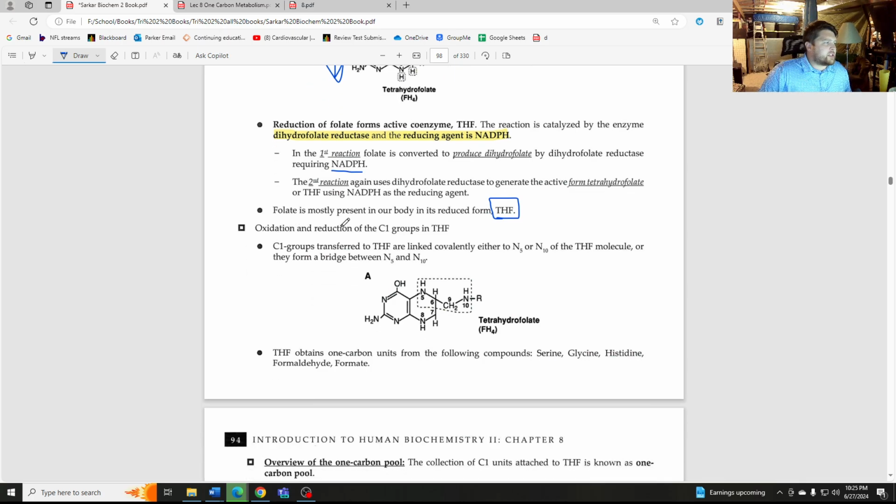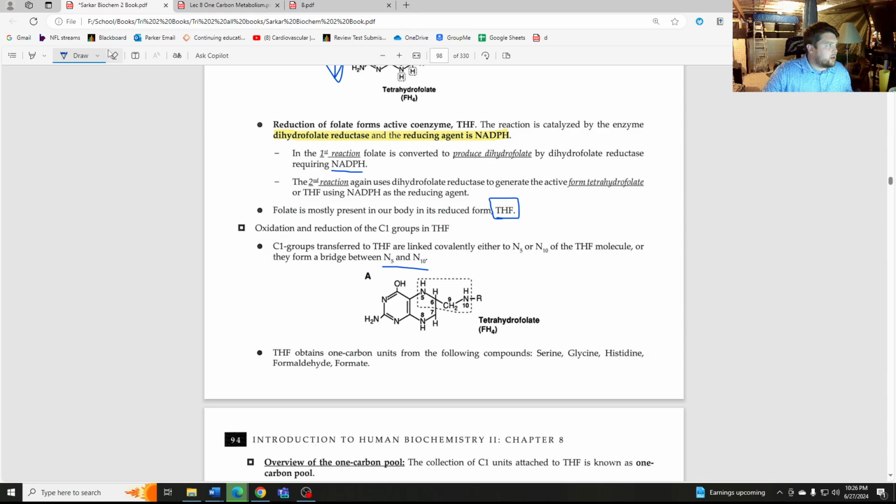Okay, so oxidation and reduction of the 1 carbon groups in THF. Now we're going to look a little bit closer at the actual tetrahydrofolate. The 1 carbon groups transferred to the tetrahydrofolate are linked covalently either to N5 or N10. That's a nitrogen in the 5th position or a nitrogen in the 10th position of the tetrahydrofolate molecule, or they form a bridge between the N5 and N10.